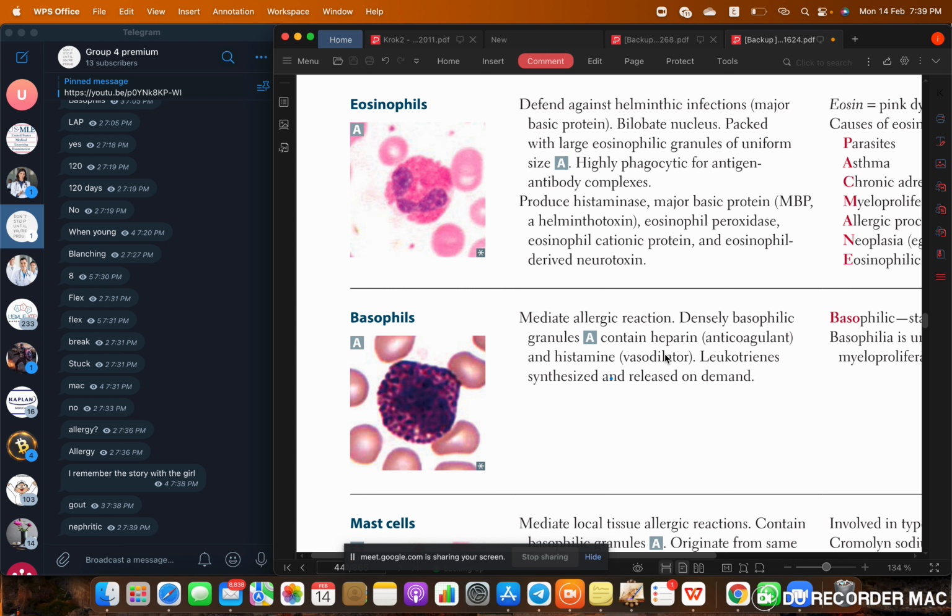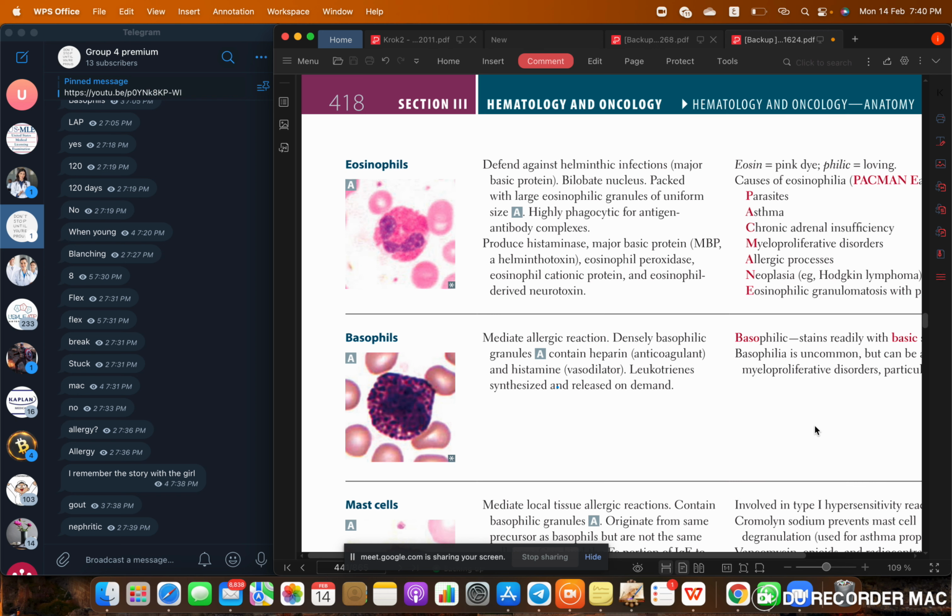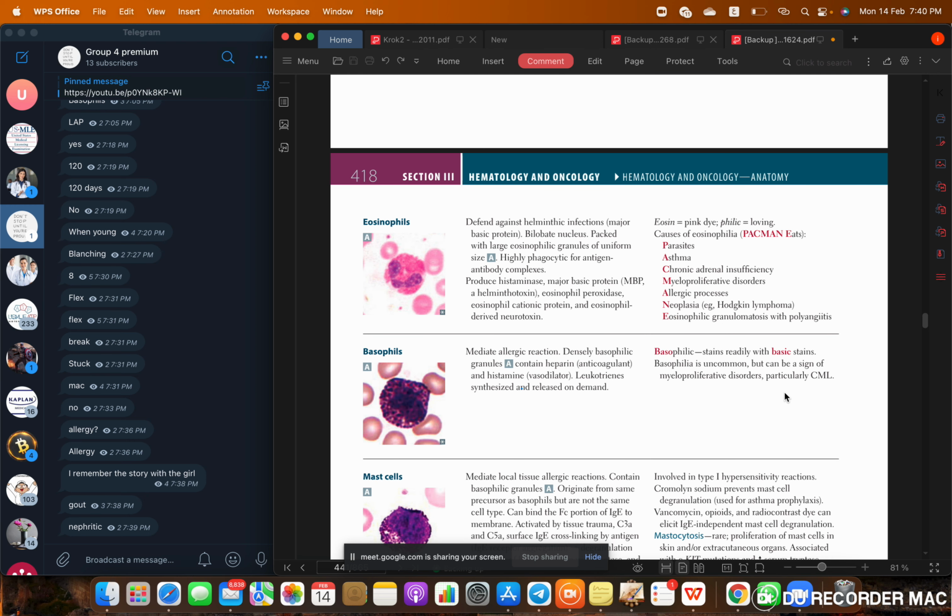And this anticoagulant has a function because it can also help in destroying the helminths. Also, it has histamine, which can work as a vasodilator. Leukotrienes can be synthesized and released on demand. Guys, to be totally fair with you, they don't care about what it has or doesn't have. They only care about one thing. If you see it on the blood smear, think what?